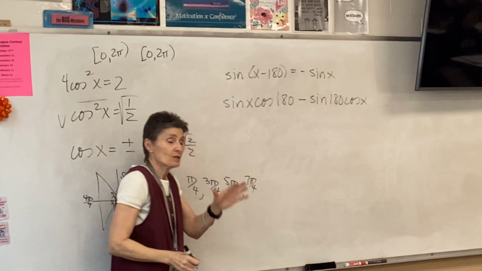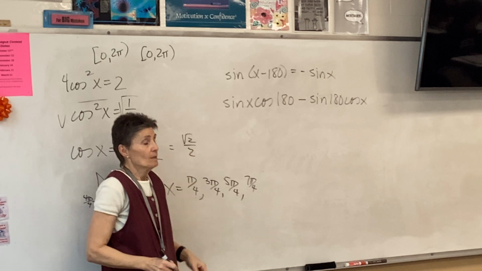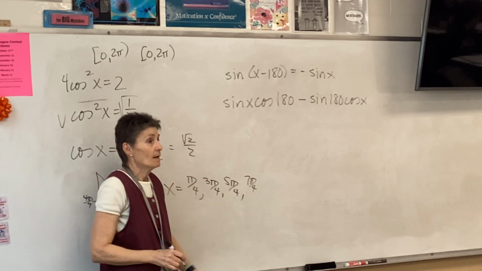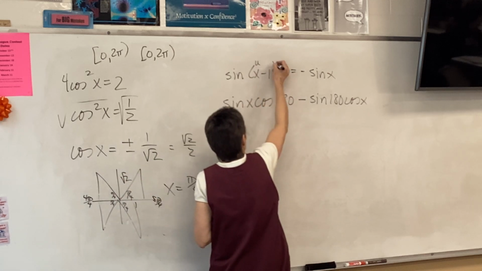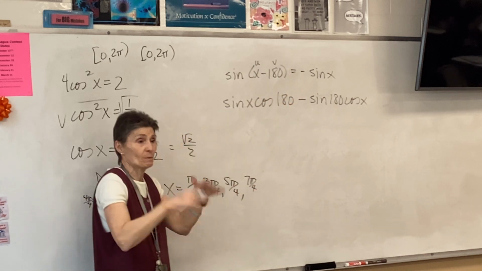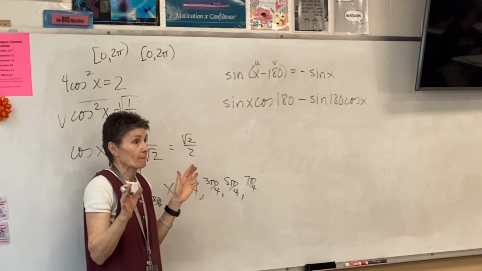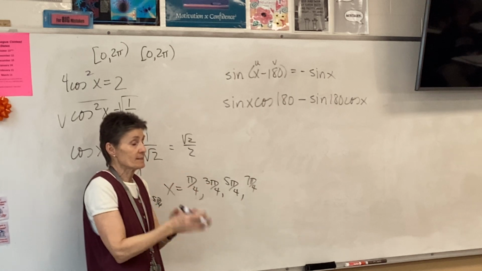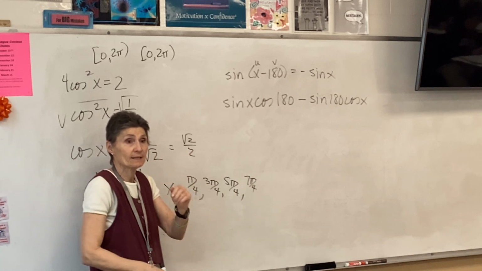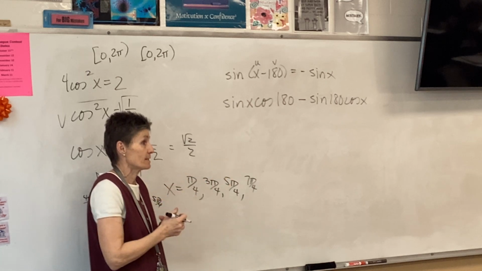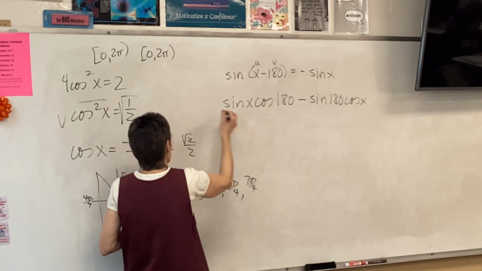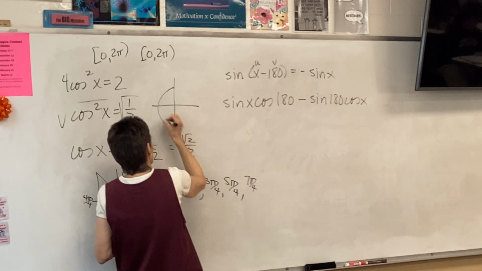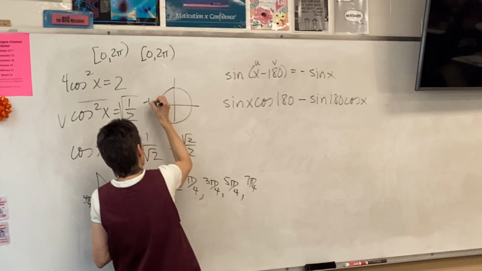So on your sheet, you have a formula for the sine of an angle minus an angle. This is like your u and v, or x and y, or a and b, whatever letters are on there. So the sine formula says sine first, cosine second, minus cosine first, sine second. Now tell me about 180. 180 is over here, right?